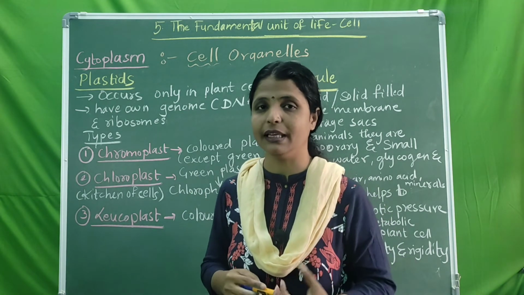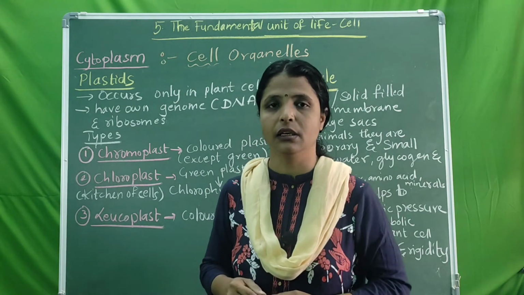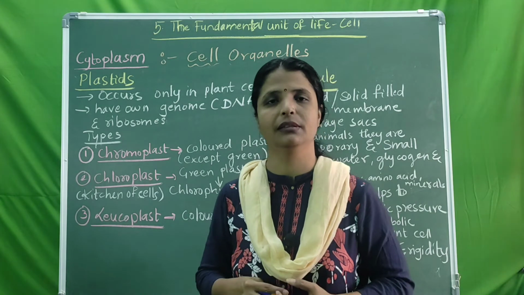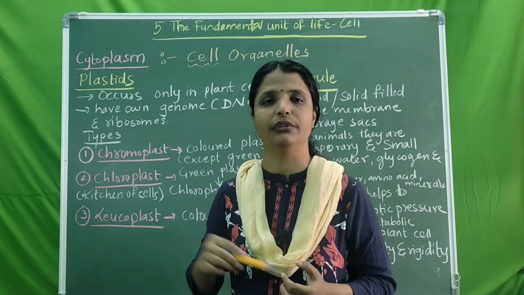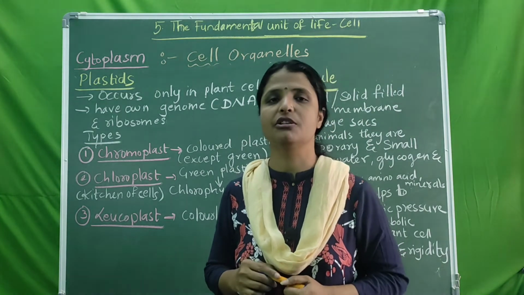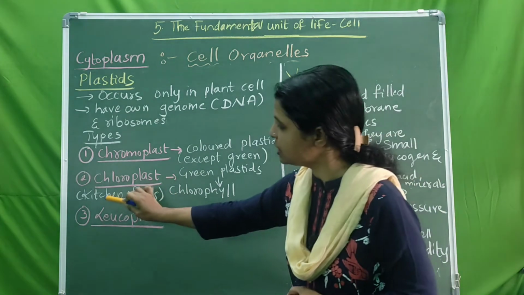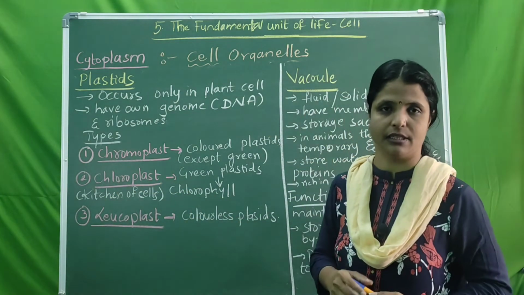So what is the green color? The green color is nothing else but the chlorophyll that is present in the chloroplast. So what is chlorophyll doing? It is helping in synthesizing of the food, that is photosynthesis. It is helping in the process of photosynthesis in the plants. So it is called the kitchen of the cells.